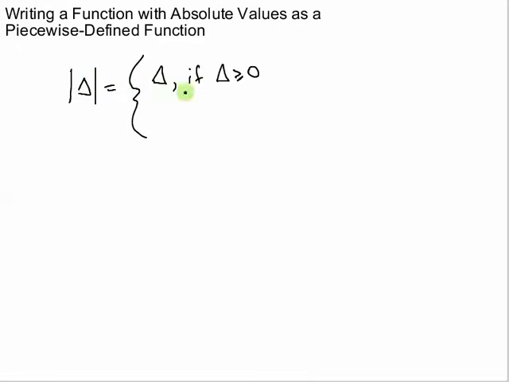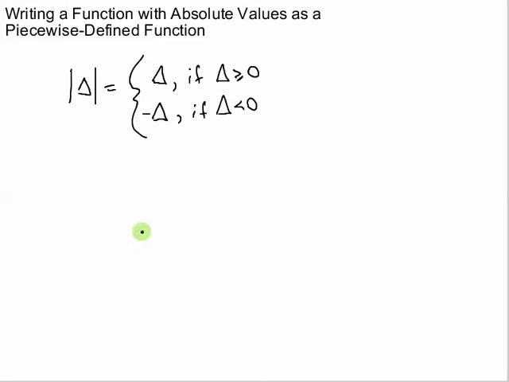If what's inside is negative, if triangle is less than 0, then you get the opposite of what's inside. So if this were a negative 5, you'd get the opposite of that. So the opposite of triangle would be negative triangle, right? You multiply it by negative to make it positive.